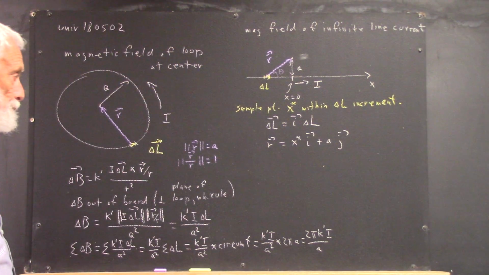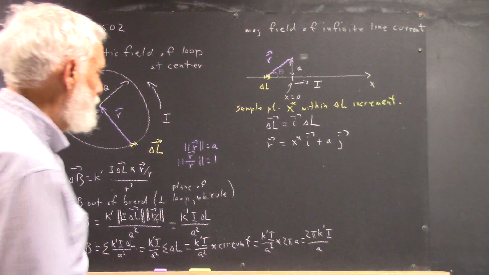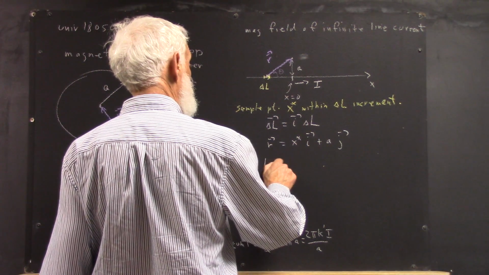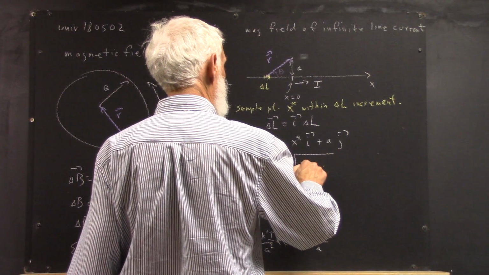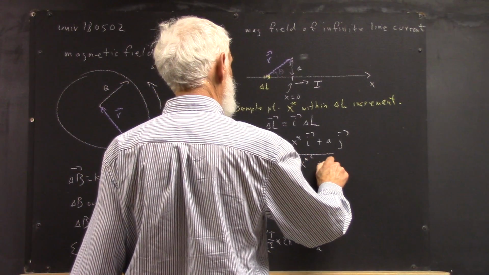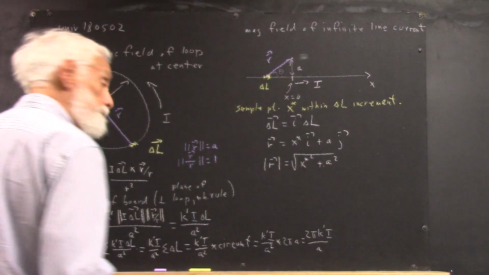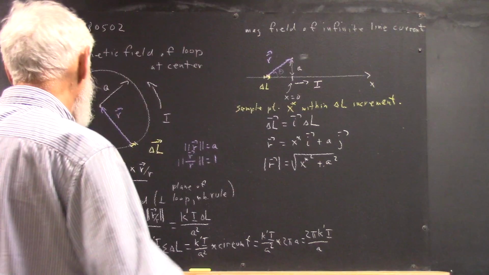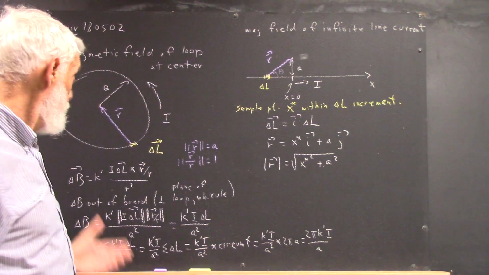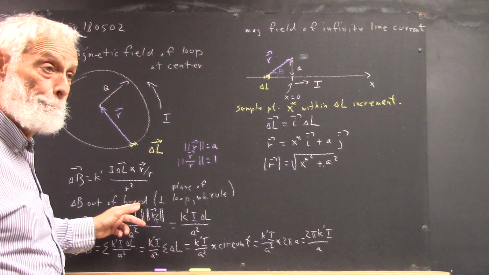So the magnitude of R is the square root of x star squared plus a squared. So actually now we've got everything we need to write the delta B, right?